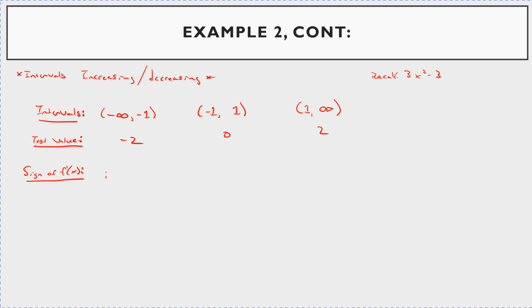So if you plug in -2 into this, -2 squared becomes 4, times 3 is 12, minus 3 is 9. So that's greater than 0. So what that means is the function is increasing on this interval, -infinity to -1.